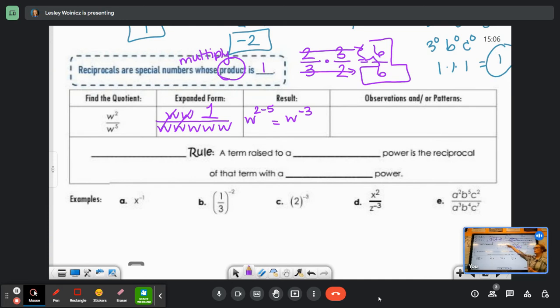Okay, I did the quotient rule and I got this weird negative power. Don't those two things have to be the same, right? We simplified it. We should be getting the same thing, just two different ways. So what we get is that w to the negative 3 is equal to 1 over w cubed. Isn't that what I got here in my expanded form?